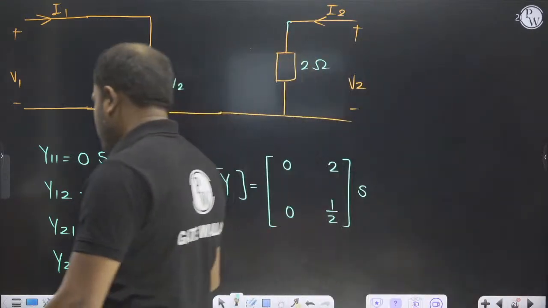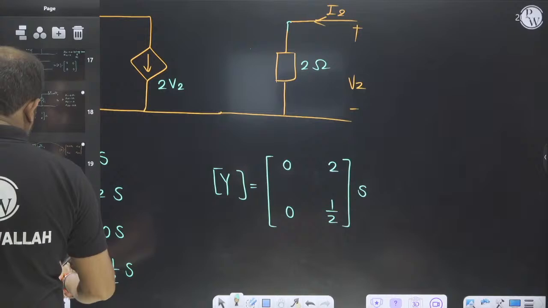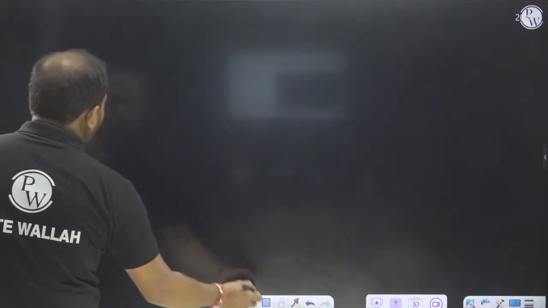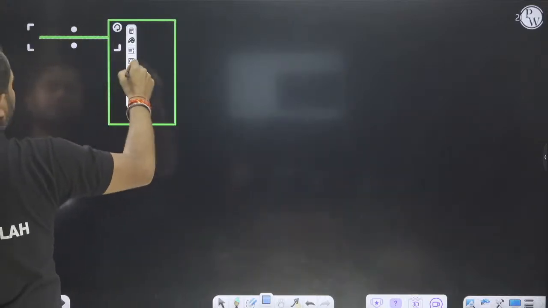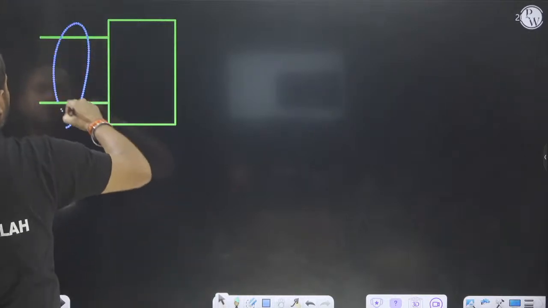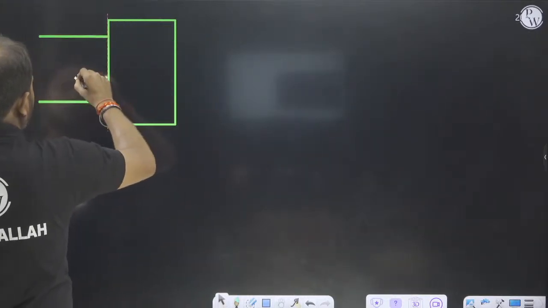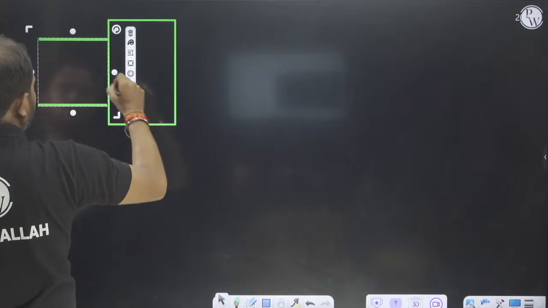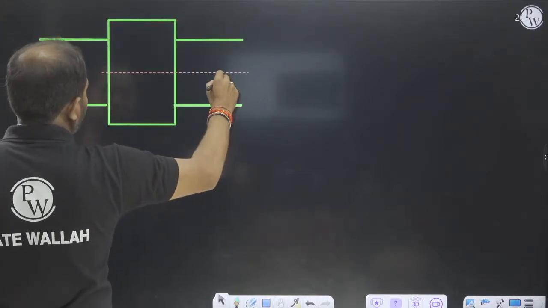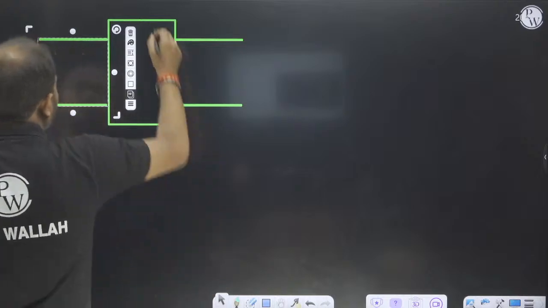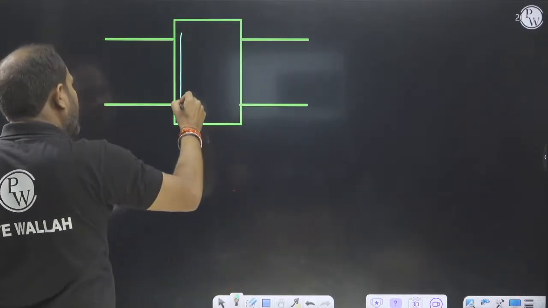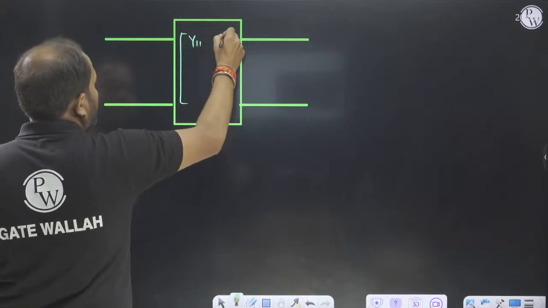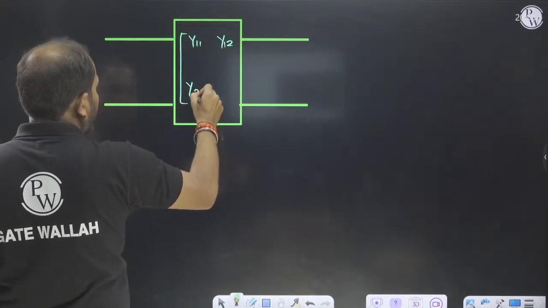Then we have one more question. We have a two-port network. Yes sir. The Y parameter is given: y11, y12, y21 and y22.